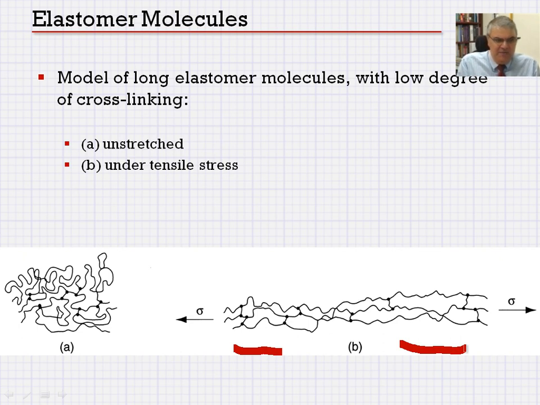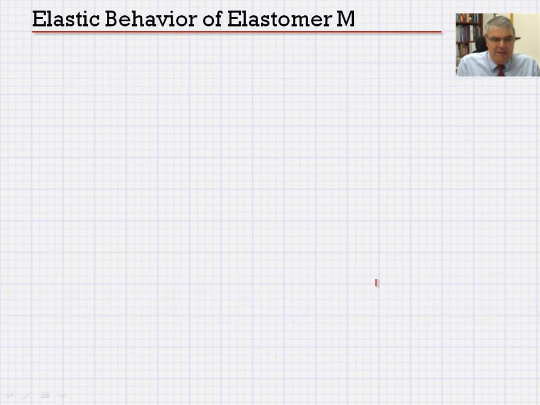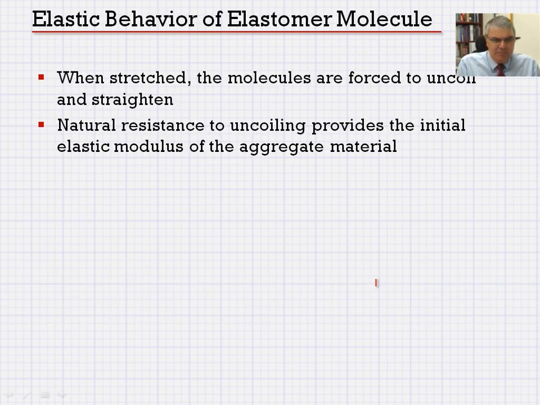When it is released, these molecules, because they are cross-linked, go back to their original shape. Of course, beyond some level of stress, they're going to break. One should not forget about that. But it's this unique shape of the molecules of elastomers that provides them with such desirable characteristics for many applications.